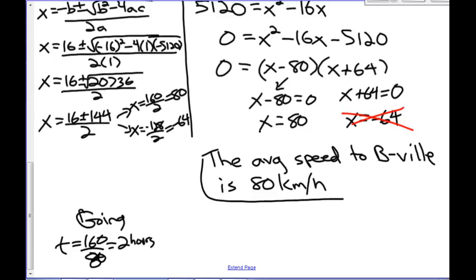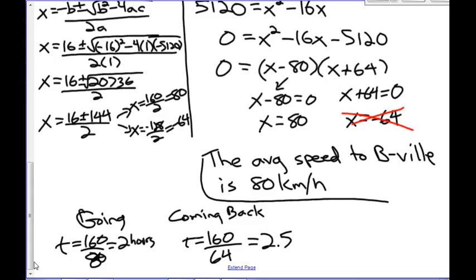Coming back, the time would be 160, that's the distance, over the new speed, which is 16 less, or 64. And that's going to give us 2.5. So clearly it does take half an hour longer this way.